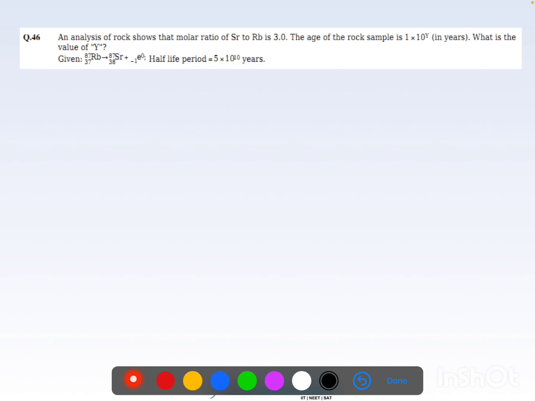So here a rock initially consists of strontium to barium in the ratio 3:1. Here we should assume that the reaction mentioned is for rubidium.